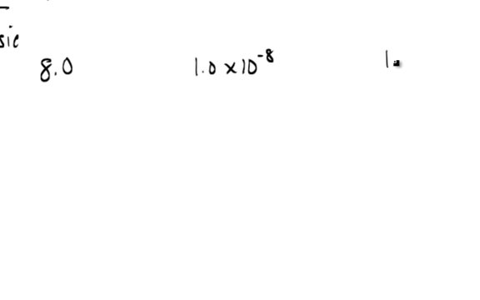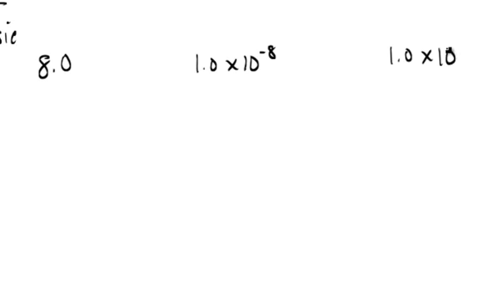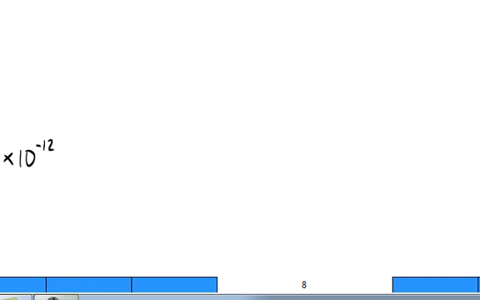So now in basic solutions the hydroxide concentration is increasing. Let's try 12. So the hydronium concentration is now trillionth molar, unbelievably small in very basic solutions. Hydroxide, the pOH is 2.0, so the hydroxide concentration is now just 1/100th molar, 10 to the minus 2.